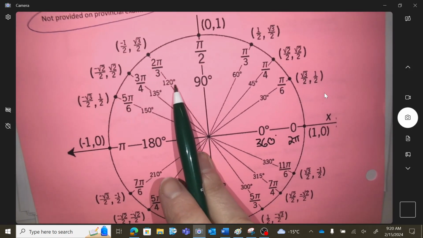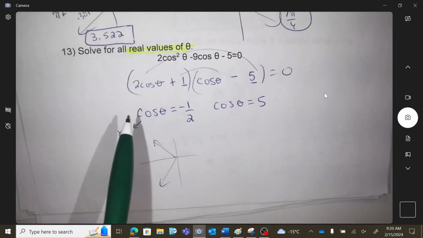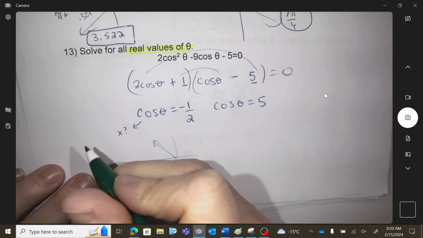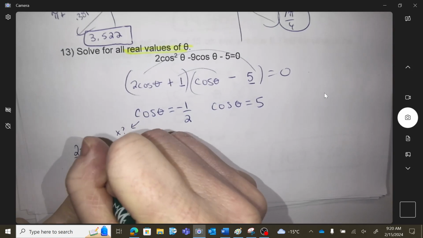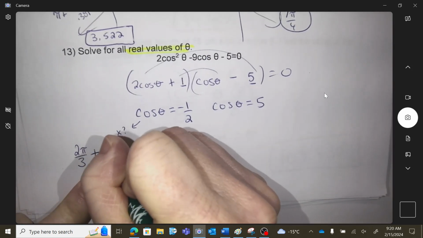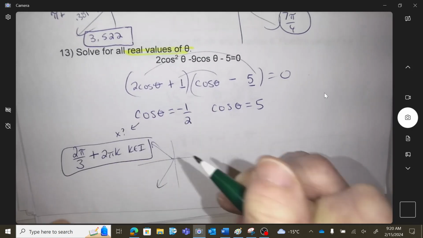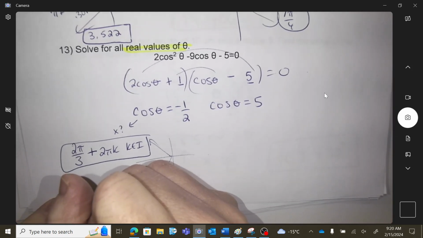Okay, how do I answer though? Because this one says I need all real. What does that mean if you want all real answers? Infinite, right? What do we do when we write infinite? 2 pi over 3 plus 2 pi k, k an integer, to mean any revolution is also an answer as well.